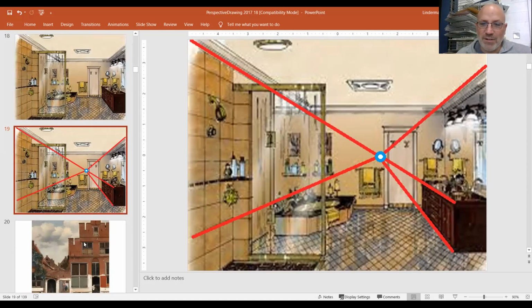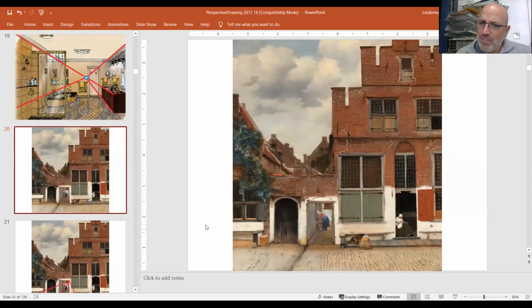All right, one final one, challenge you. There's not many points going back in space here, because if you think about it, there's lots of horizontals and lots of verticals. Some folks get confused by the diagonals. They are not really going back in space. Lines like this are, this one that leads us back this way. There's a few lines in the road here that are sort of going back in space.